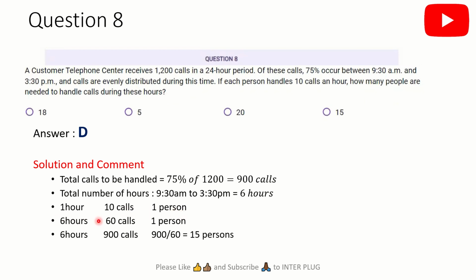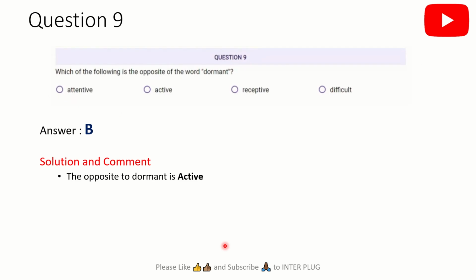In 6 hours, of course, 60 calls are handled by one person. Then we just divide the 900 calls by the number of calls one person can take. That's 900 divided by 60. That gives us 15 persons. So we need 15 persons to handle 900 calls in 6 hours, as presented here. Okay, we move on.